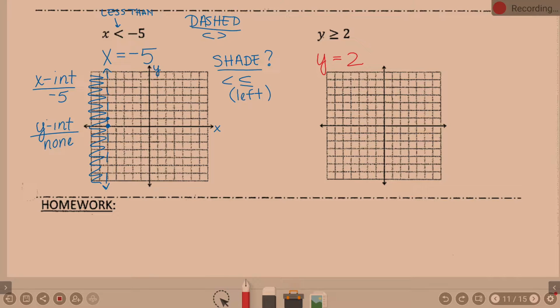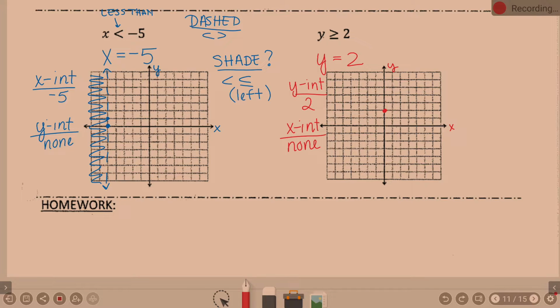So on the y-axis, we need to go to 2. That means there is a y-intercept of 2. Where's my x-intercept? There's no x in the problem, so that means no x-intercept.